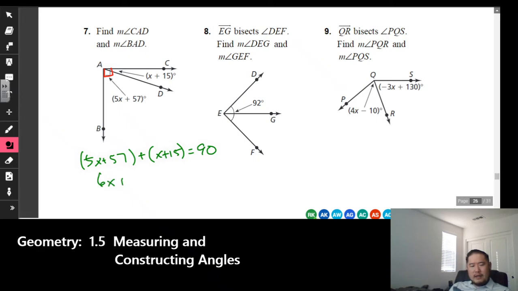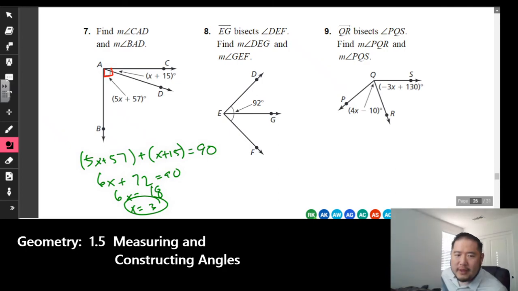I've got 6x plus 72 is equal to 90. Subtract 72 from both sides, and we end up with 6x is equal to 18. Divide both sides by 6, and x is equal to 3. Now don't forget, that doesn't mean you necessarily found the answer. They want you to find angles CAD and BAD, or else you're going to be BAD.